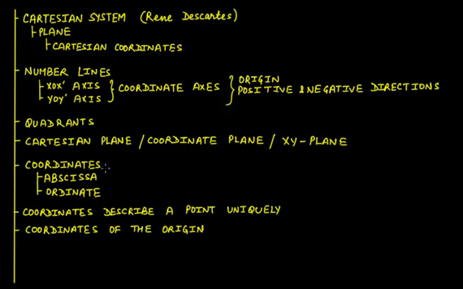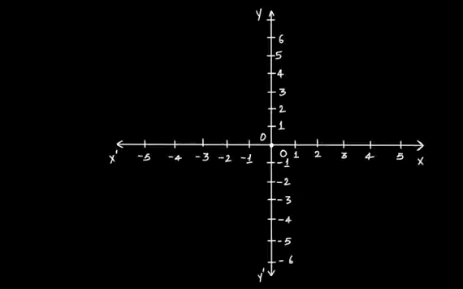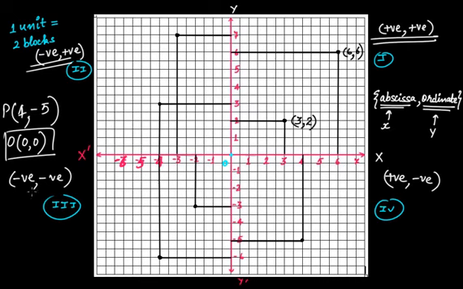Now, what else? So coordinates, abscissa, ordinate, coordinates of the origin. Okay, coordinates describe a point uniquely. That's a very important point. So here we were. I'm removing all these things.